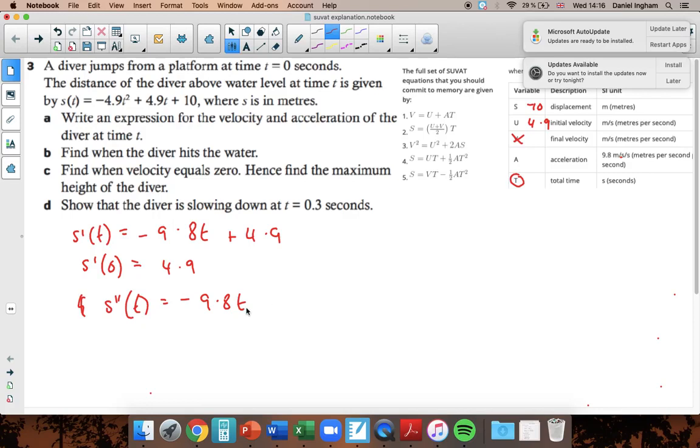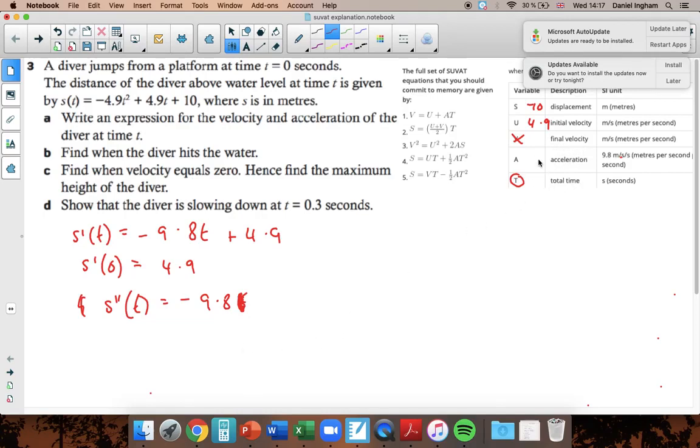And therefore these numbers, working backwards to get the displacement formula, they've been chosen on purpose. They've not just randomly assigned it as negative 4.9. They've given it the value negative 4.9 t squared because they know that the gravitational acceleration is negative 9.8 meters per second squared.